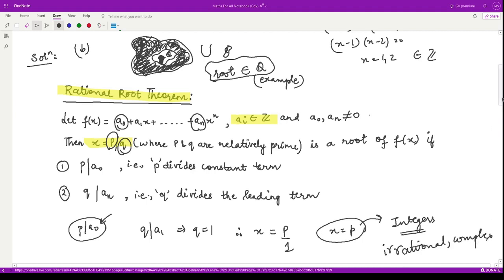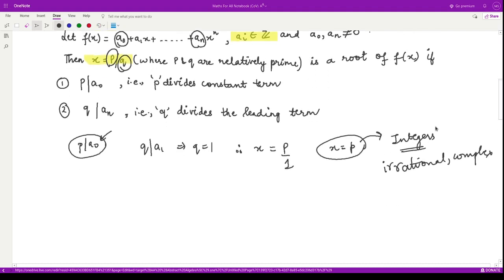How is this so? Suppose we have a polynomial of this kind, x square minus 5 equal to 0. Now this polynomial has all the coefficients in integers and has the leading coefficient 1, that is, it is monic. Its roots are plus minus square root of 5.